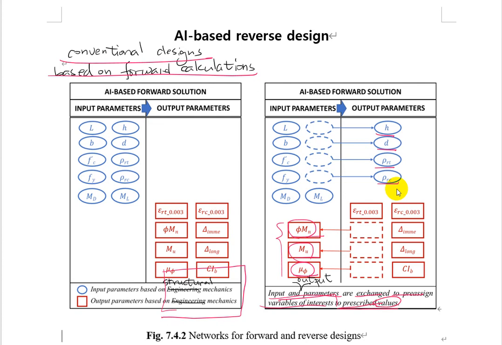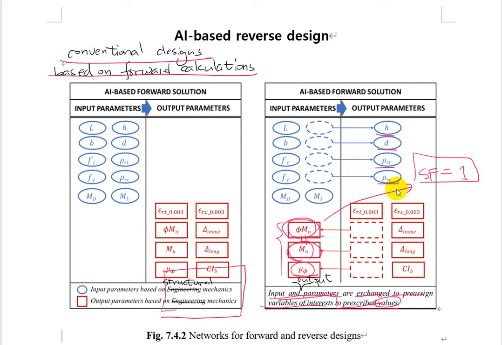For example, we can prescribe the design moments, and Mu actually is equal to the design moment. When this happens, then we have a situation where the safety factor is equal to 1, which is very unusual that you can achieve for conventional designs.